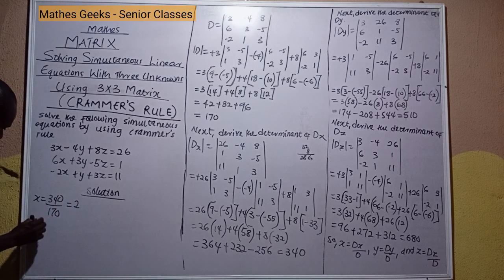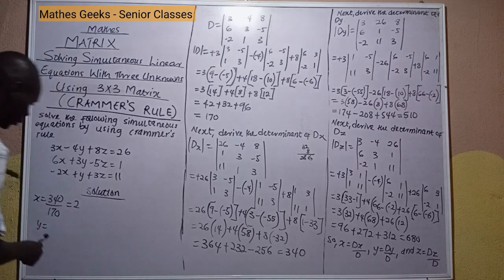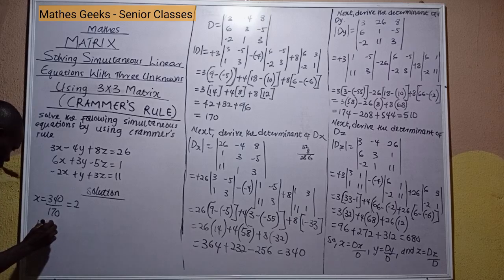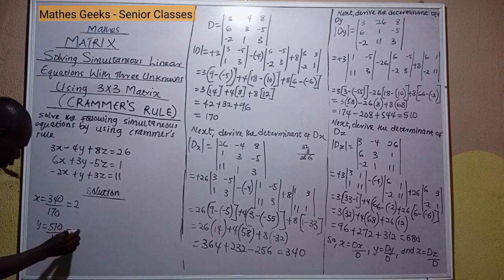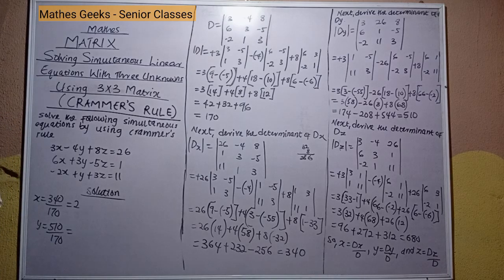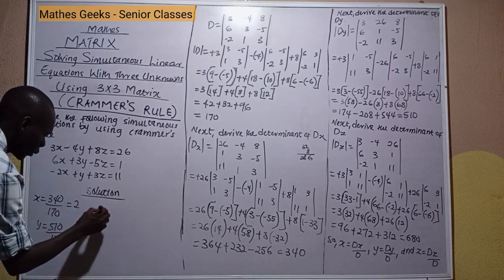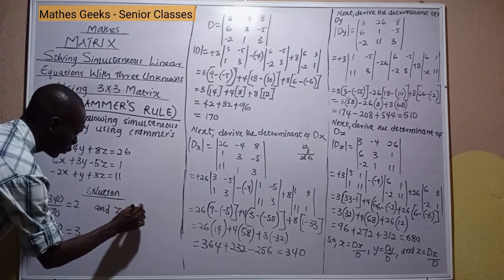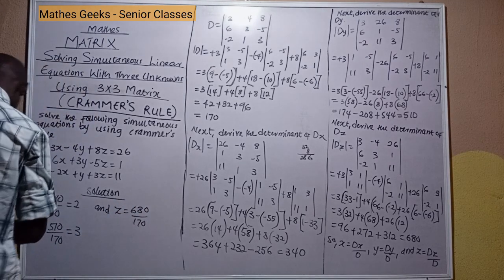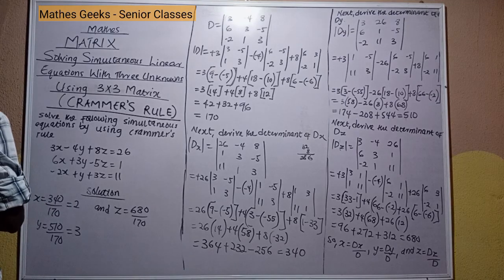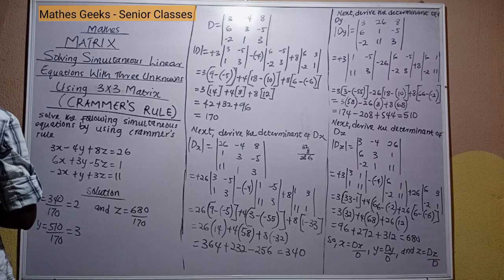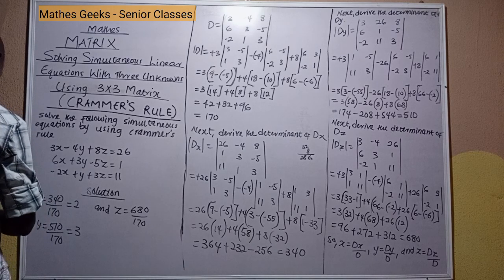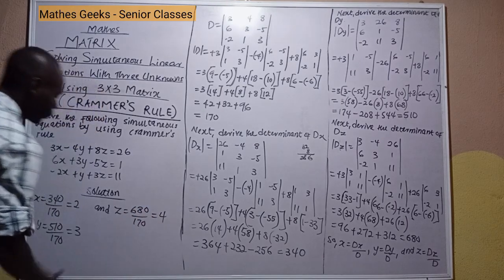And then y is equal to dy over d, and dy is 510 over 170, that's equal to 3. And z is equal to dz, which is 680 over 170. 680 divided by 170 equals 4.